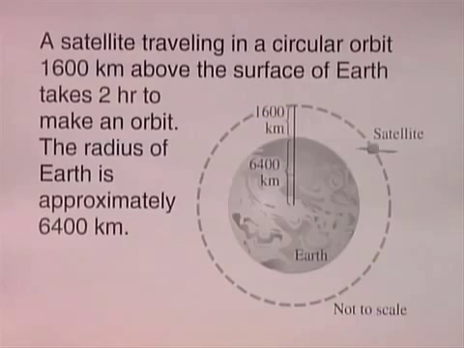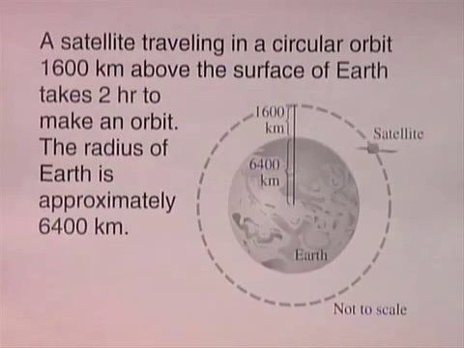In this example, we'll be finding the linear speed and the distance traveled by a satellite. A satellite traveling in a circular orbit 1,600 kilometers above the surface of the Earth takes 2 hours to make an orbit. The radius of the Earth is approximately 6,400 kilometers.